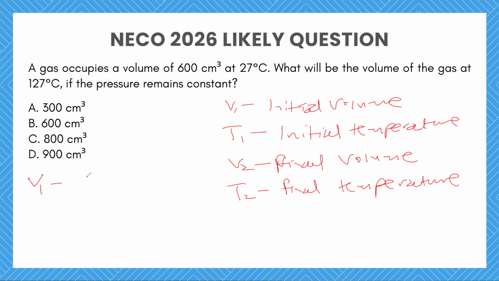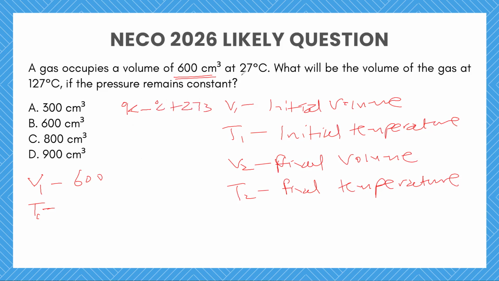V1, which is the initial volume. This question says a gas occupies a volume of 600 centimeter cube. So that becomes the initial volume, 600. T1. Now, you must note that temperature, as far as gas laws are concerned, is given in degrees Kelvin. And to calculate temperature in Kelvin, you add the temperature in Celsius plus 273.